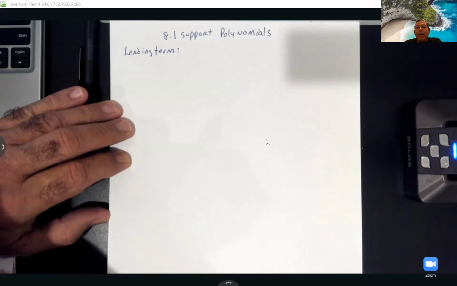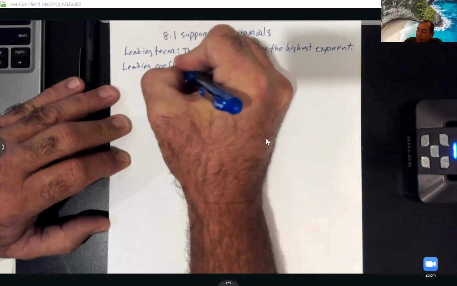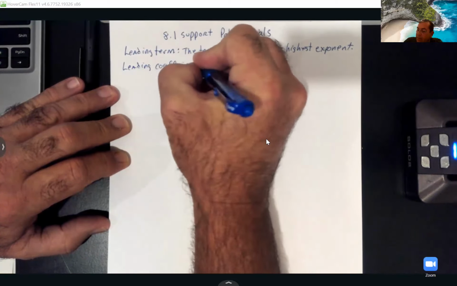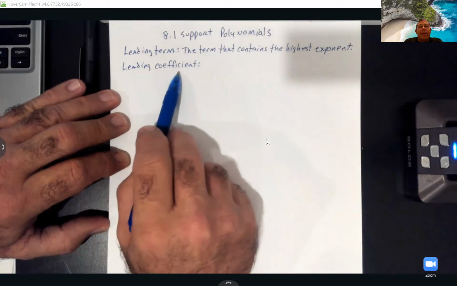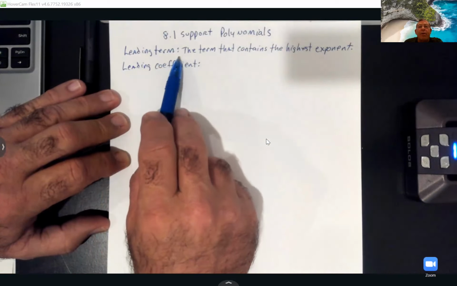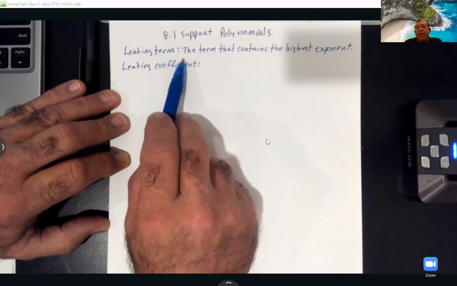Okay. Now the leading term is made up of the number, the variable, and that exponent, okay? So then we look at what we call the leading coefficient. So the leading coefficient is the number in front of the leading term.